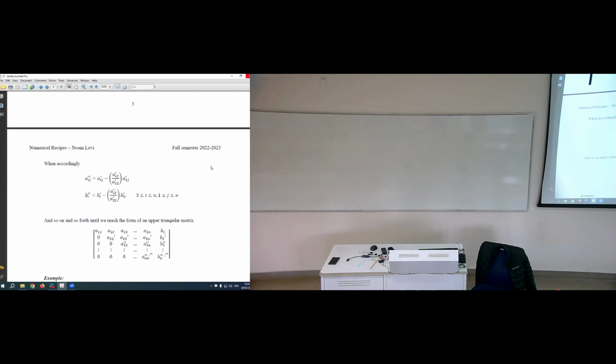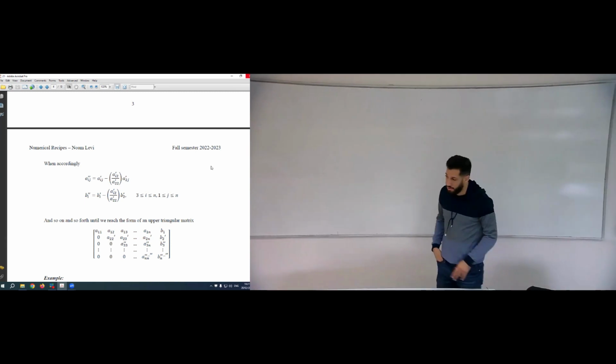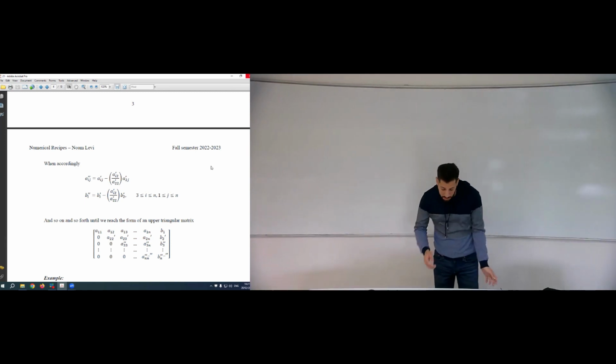So xn is this divided by this. That's the solution. And after that, in the row before, I have only two terms equal to something, but this term is multiplying xn that I've already known. So I call this backward substitution. And of course, it's equivalent, but it differs in terms of cost.